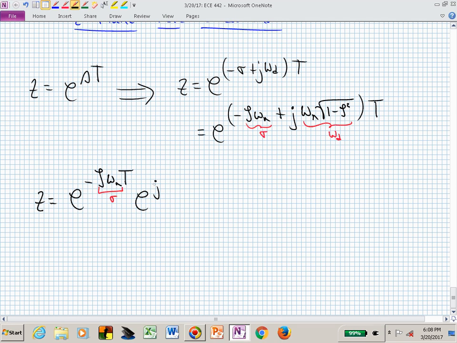And now I want to push that t in between omega sub n and the square root of 1 minus zeta squared, just because it's easier to talk about omega sub n t. I haven't changed its value at all, but now we have omega sub n t square root of 1 minus zeta squared, where the combination of this and that is our omega sub d.